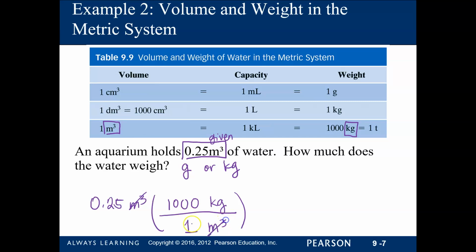We cancel our cubic meters and multiply across, so we have 0.25 times 1,000. The unit now is kilograms, which is equal to 250 kilograms. That's the weight of an aquarium that can hold 0.25 cubic meters of water.